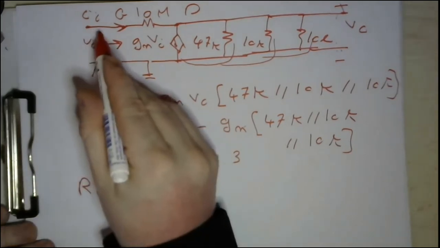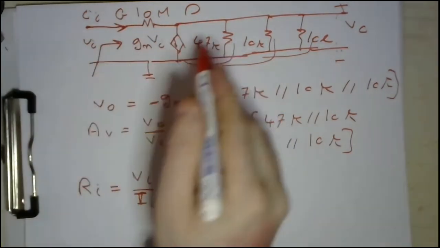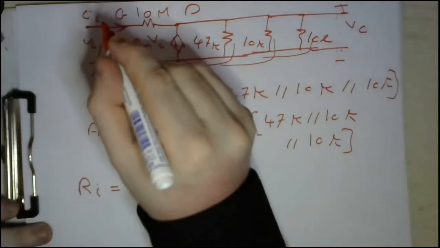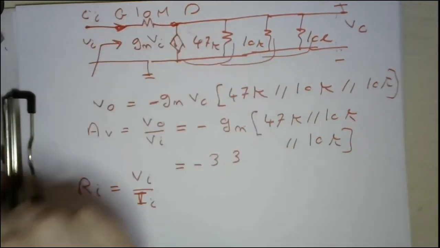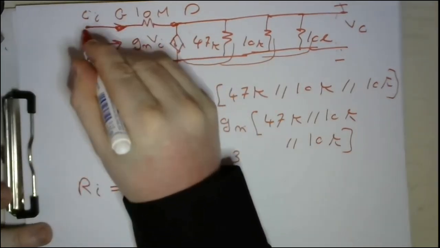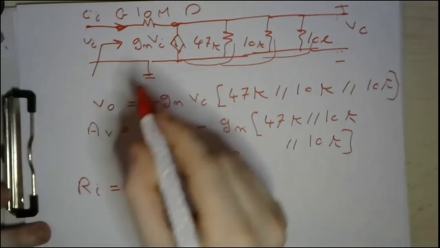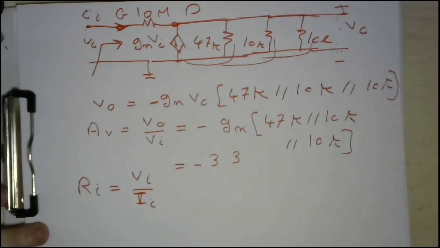I input is the current flowing in this 10 mega ohm resistance. This current is equal to what? This current is equal to the voltage here minus the voltage here over the resistance. The voltage here is the gate voltage, which is the input voltage. And the voltage here is the drain voltage, which is the output voltage, over the resistance, which is 10 mega.